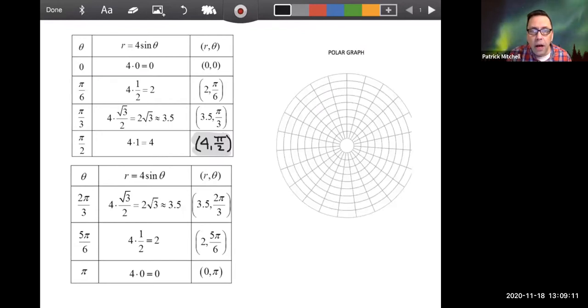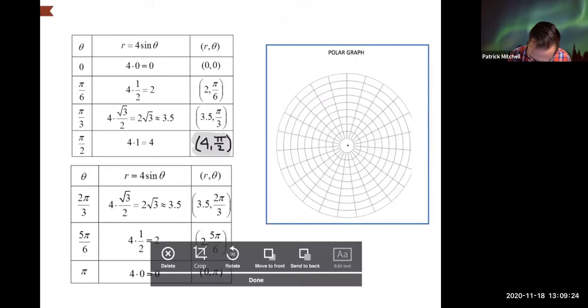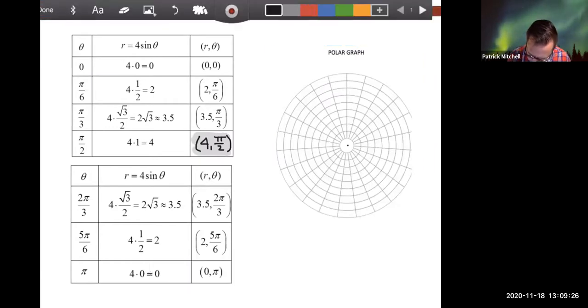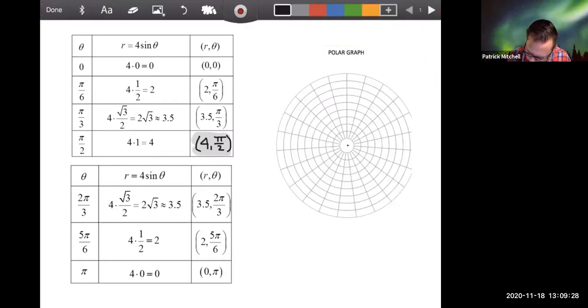All right, so I'm going to start plotting these points. Remember, they are in polar coordinates. Starting with 0, 0, that's the pole, also known as the origin. Okay, 2 comma pi over 6.